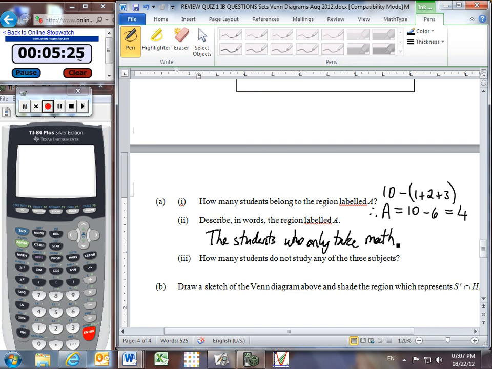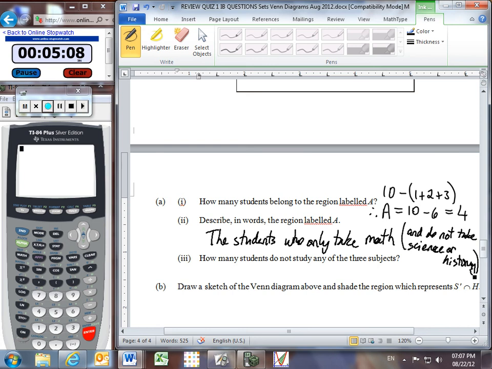You could put in parentheses, and do not take science or history, but that's kind of redundant, having said who only take math.